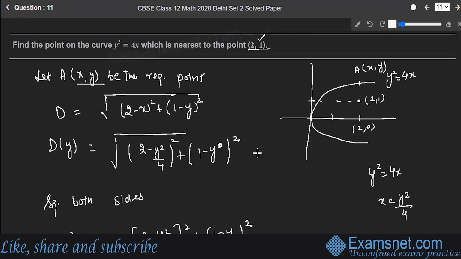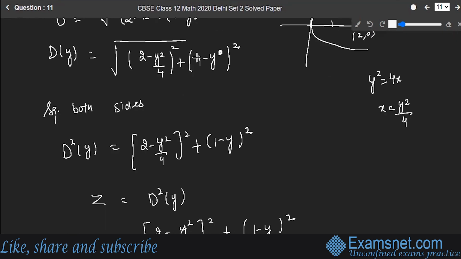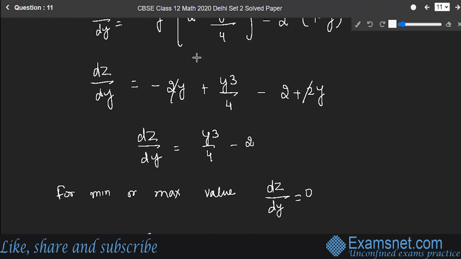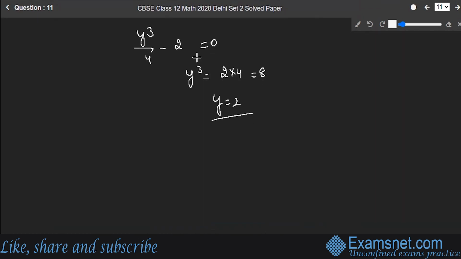In the question, we have to find the point on the curve which is nearest. So when y is equal to 2, what will be the value of x? Wait, when y is equal to 2, I have to check the second derivative, to see whether it is minimum or maximum. First of all, we have to do this, and only then can we check whether the point has the minimum or the maximum distance.